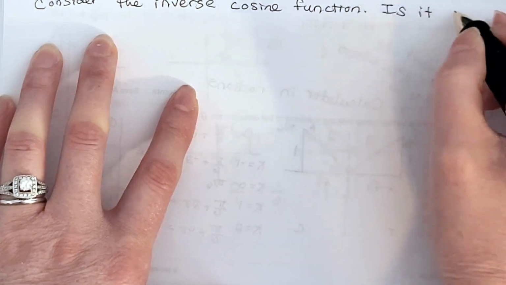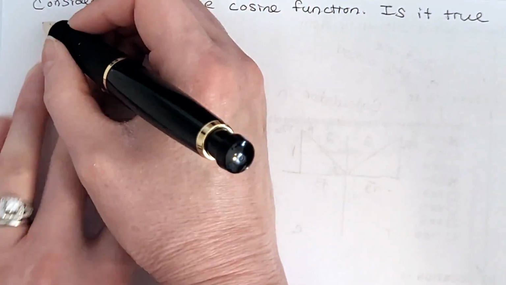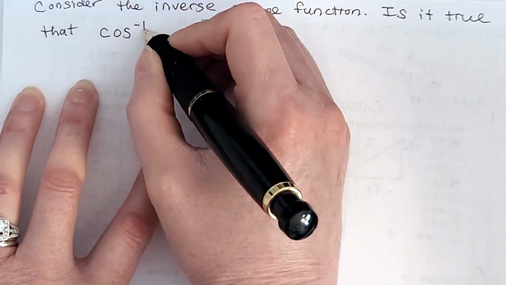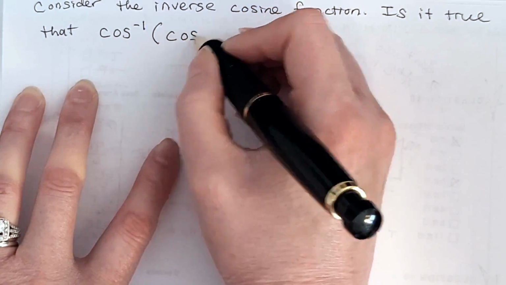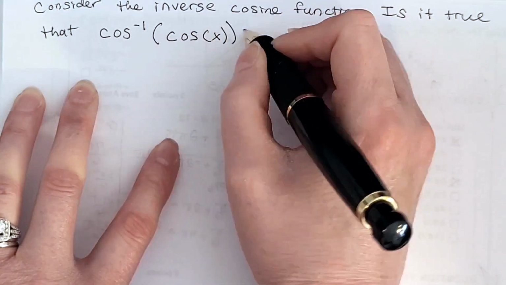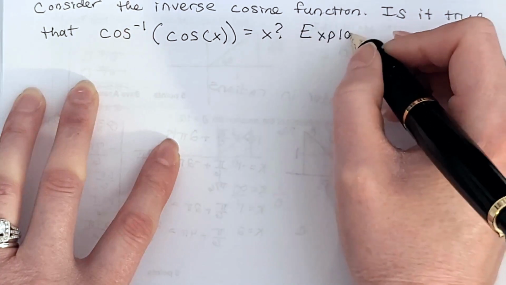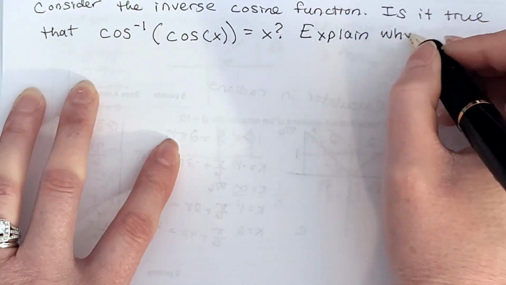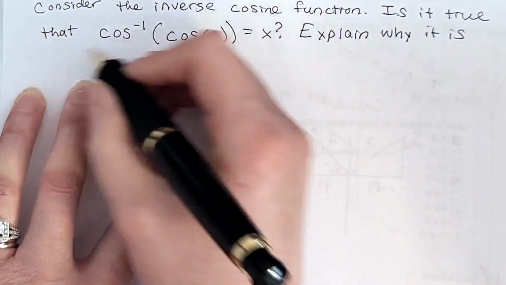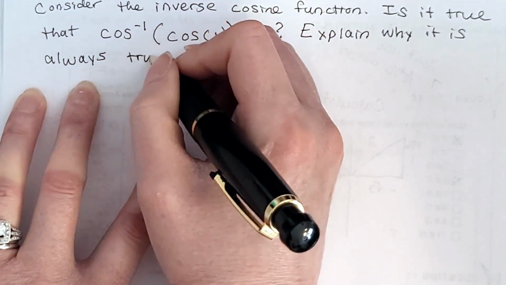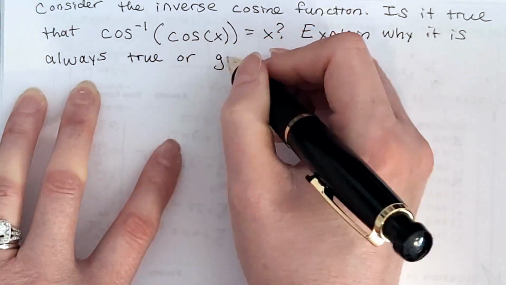Okay, is it true that the cos inverse of cos of x equals x? Explain why it is always true, or give a counterexample.